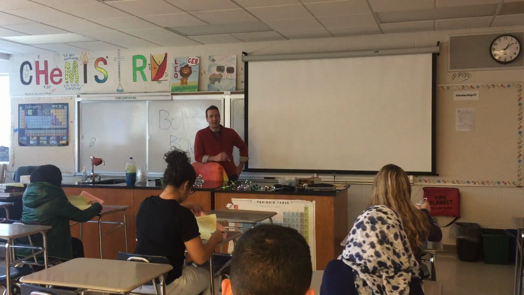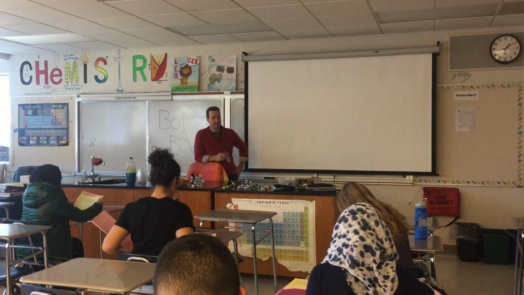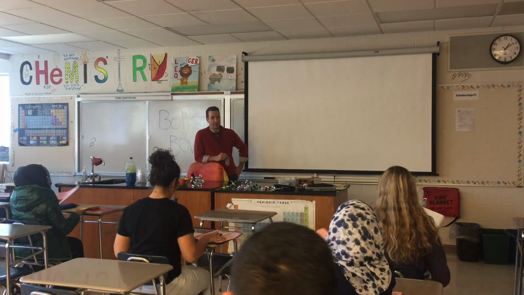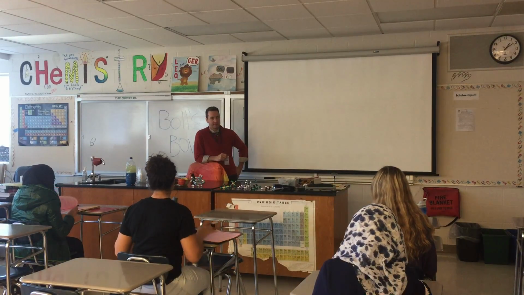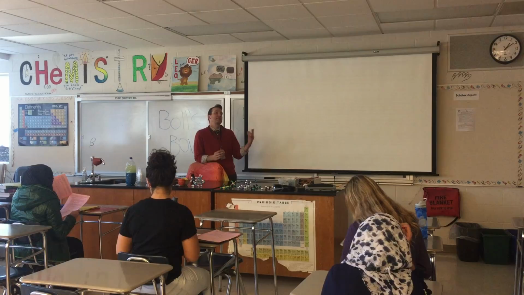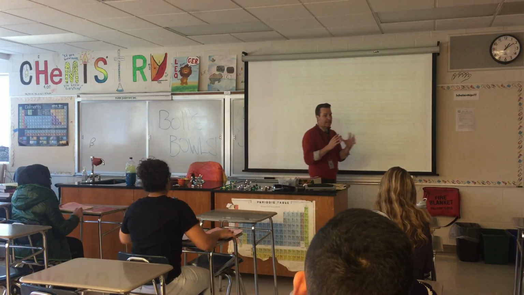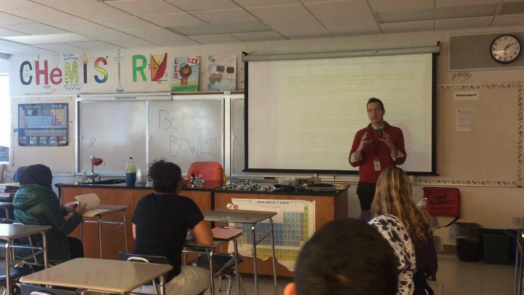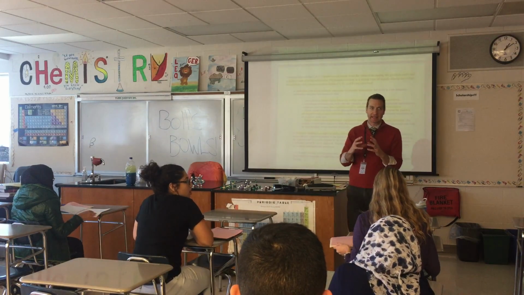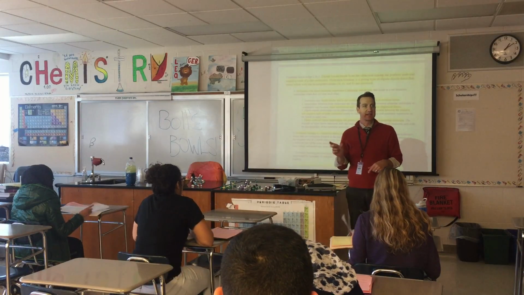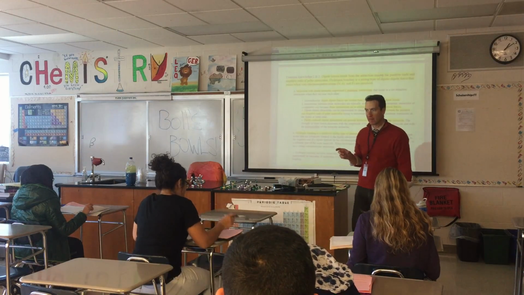All right, so we talked quite a bit about London dispersion forces, even though I wasn't super thrilled with the idea of them in general, but we've got it. That's the best explanation we have. A temporary uneven distribution of electrons in one atom or molecule induces a temporary dipole in another atom or molecule.